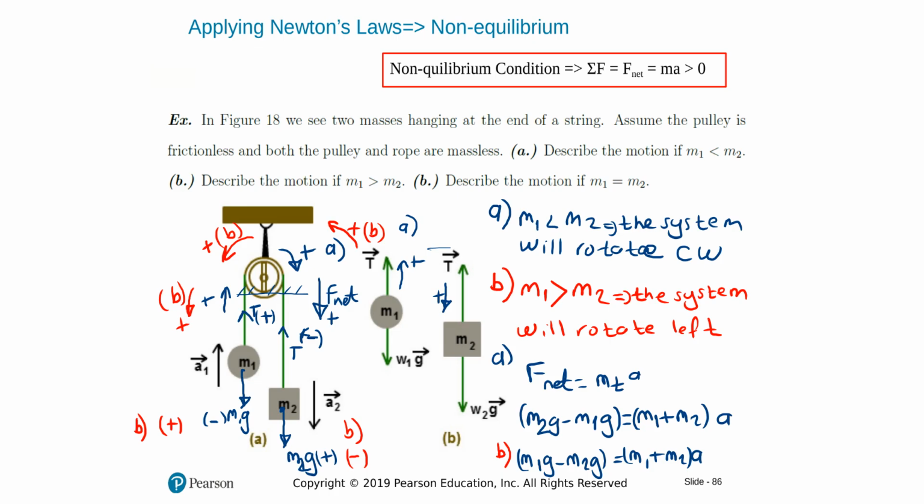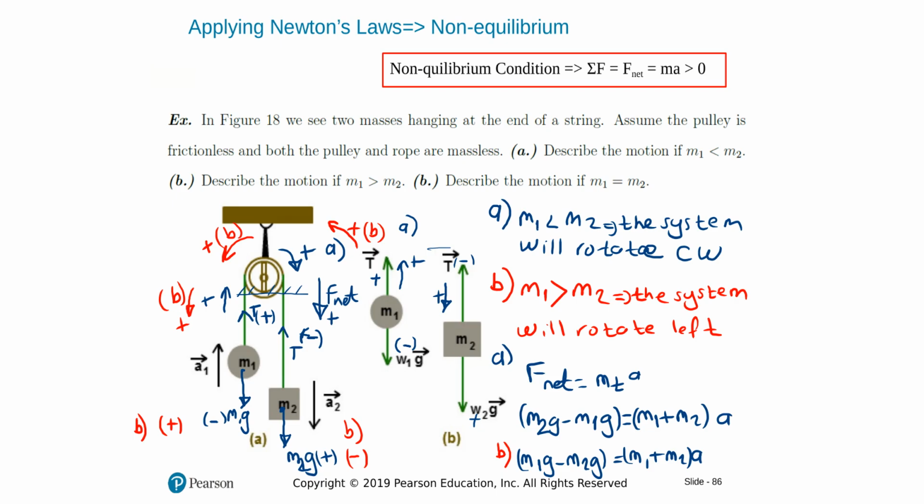Then I'm going to give the signs for my forces. Weight 1 will be negative, tension 1 will be positive, weight 2 will be positive, and tension 2 will be negative. Tension 1 and tension 2 are the same. The same rope always has the same tension.